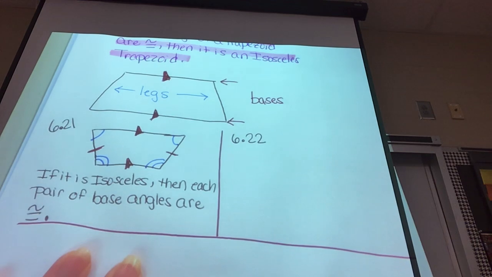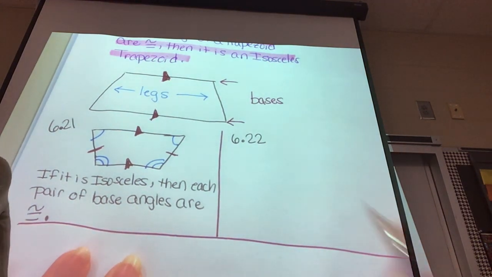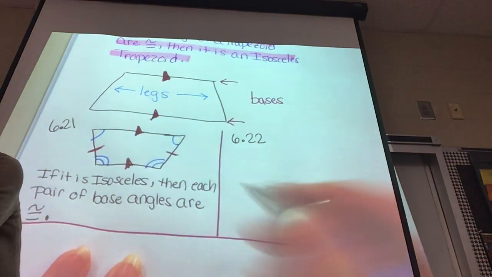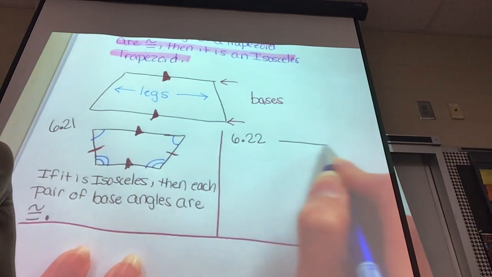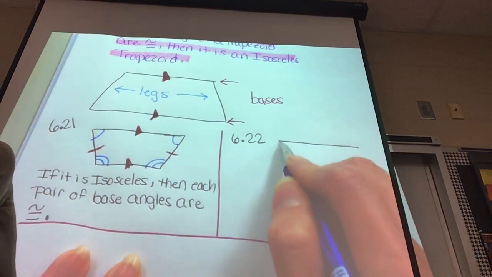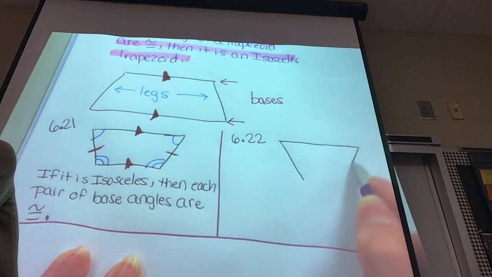I don't know really why they need this one. We just covered it in 6.21. But we're going to have another one. So you can draw the same one, you can draw a different one. It really doesn't matter.